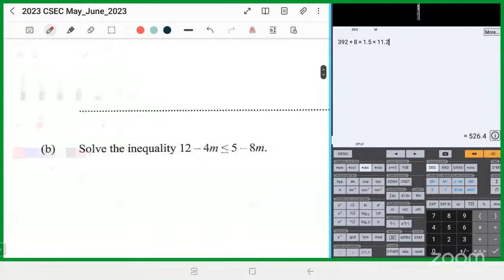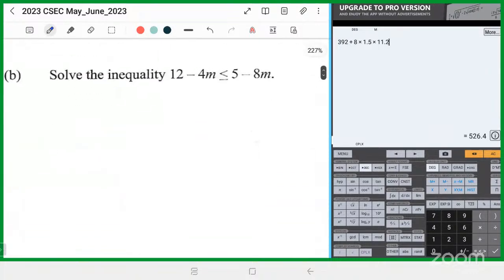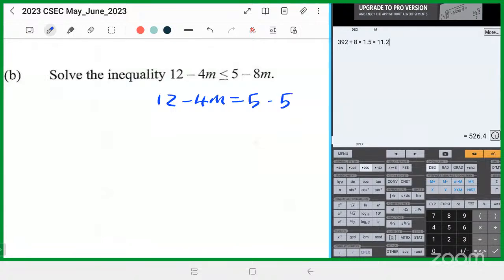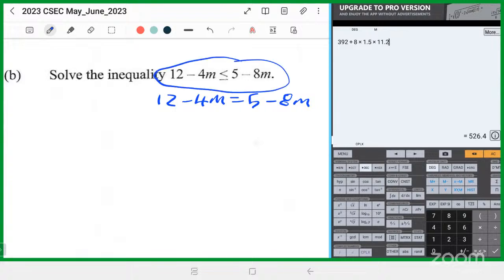Let's go back for this. This question wants us to solve this. Solve means to make M the subject. I always say solving something simple like this uses the same steps as solving with an equal sign. The only difference with the inequality, remember, is that if you have to divide or multiply with a negative number, you have to remember to reverse the inequality sign.